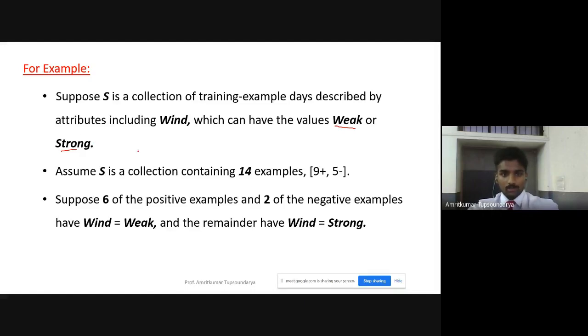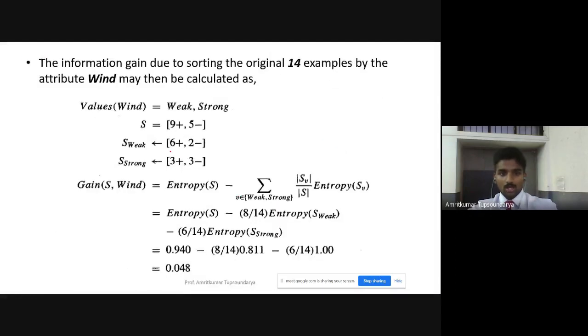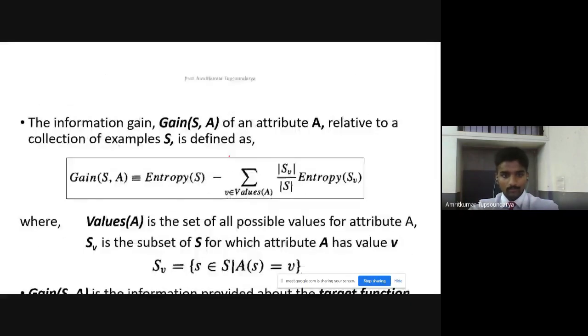So this was the example that we saw, wherein we have 14 training examples in the data set, wherein we have 9 positive and 5 negative examples. So the value for wind can be either weak or strong. It can be only two possible values. So when we compute the entropy, what we got was something like 0.940, right?